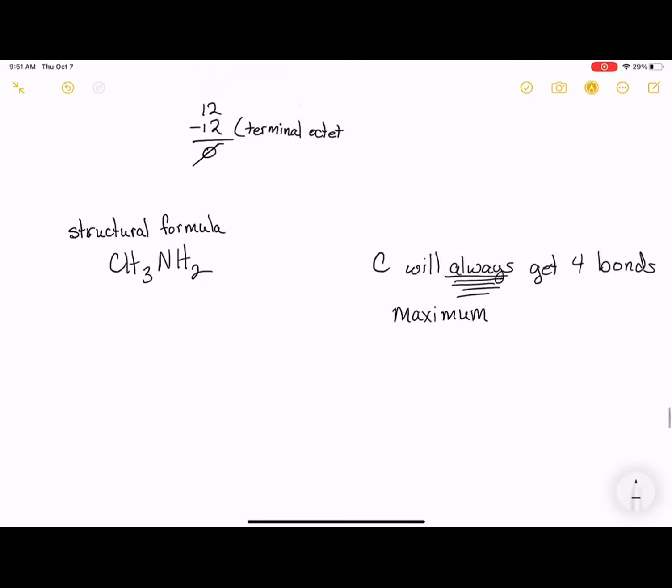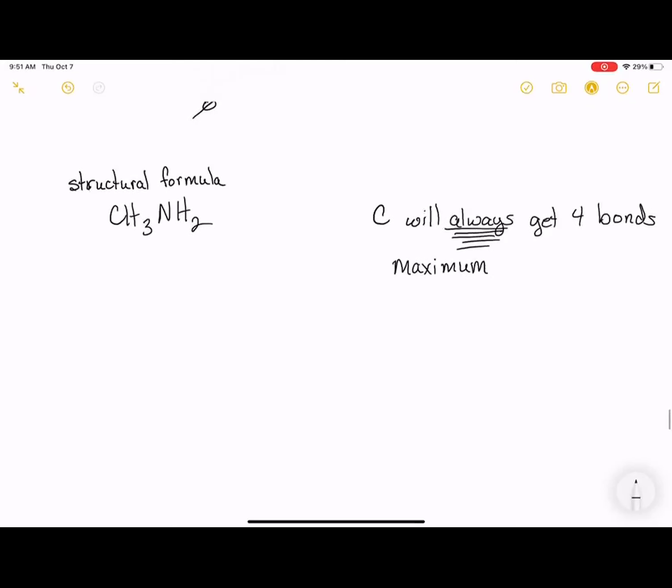Let's calculate our number of electrons. We have 1 carbon, we have 5 hydrogens, and we have 1 nitrogen. Carbon has 4 valence electrons, hydrogen 1, and nitrogen 5. So the carbon contributes 4 to the overall structure, the hydrogens contribute 5 to the overall structure, and the nitrogen also contributes 5 for a total of 14 valence electrons.